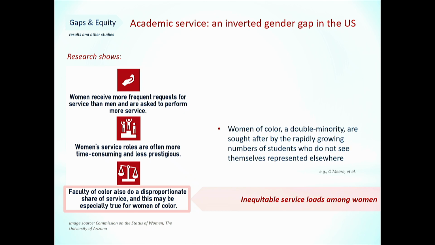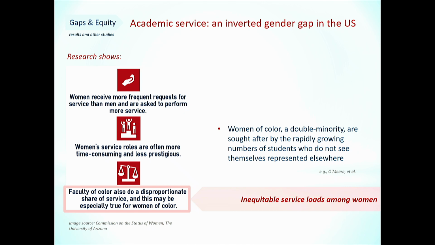And I think this came up at some of the presentations earlier today. Women of color are what we call double minorities, at least in the US, so they're female, and they're ethnically minoritized. And they're sought after increasingly more and more by students who do not see themselves represented anywhere else, faculty that look like the students.